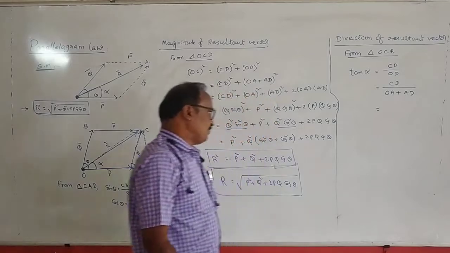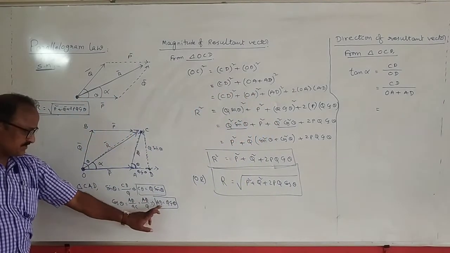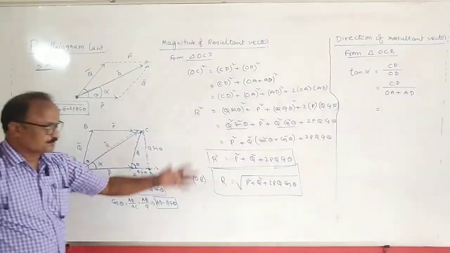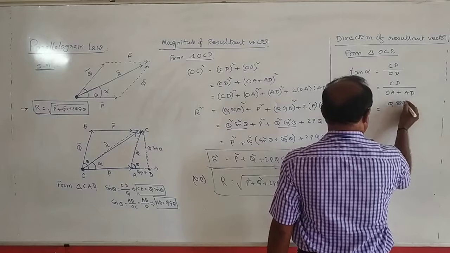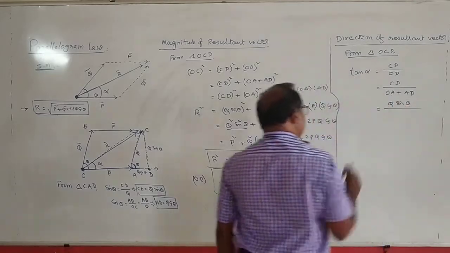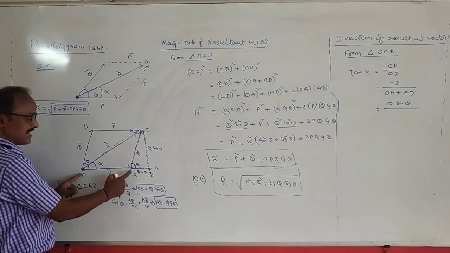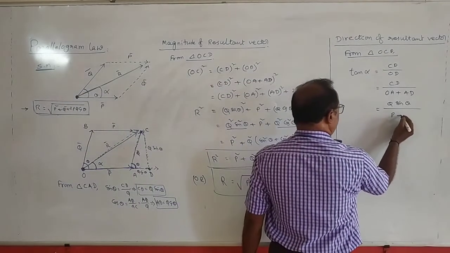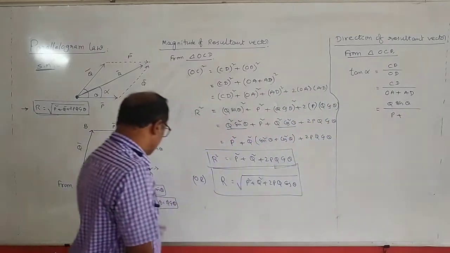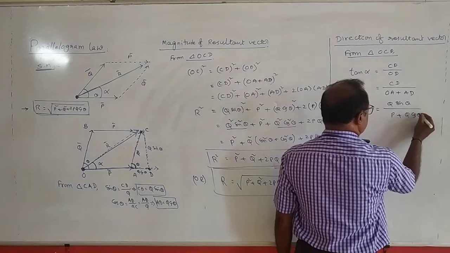But you know what is the value of CD? CD is equal to Q sin theta, AD is equal to Q cos theta. OA is the magnitude of P bar, that is P. So OA is equal to P, and AD is equal to Q cos theta.